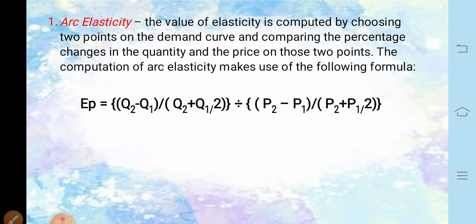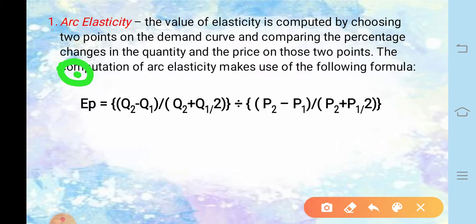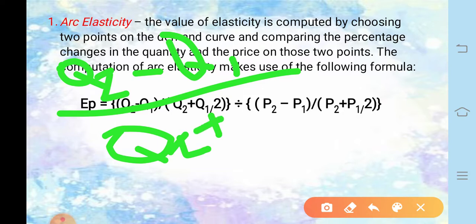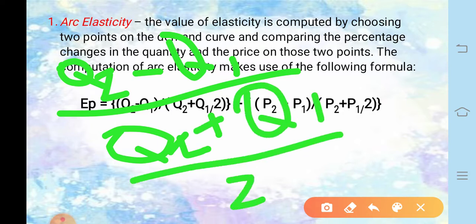Okay? So, all over 2 yan, just like this one. Q sub 2 minus Q sub 1 over Q sub 2 plus Q sub 1 all over 2.